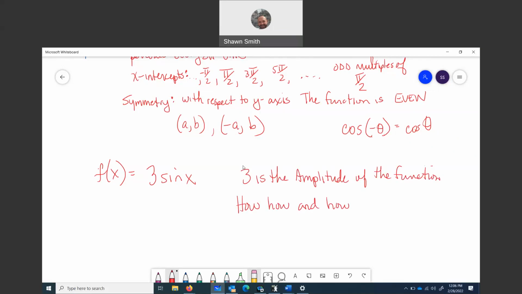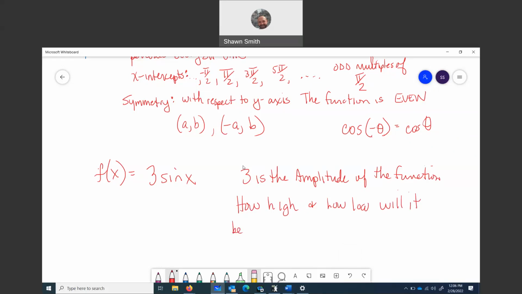How high and how low will it be from a horizontal line passing through the middle of the graph? I don't want to say the x-axis because eventually we're going to shift our graphs away from the x-axis.